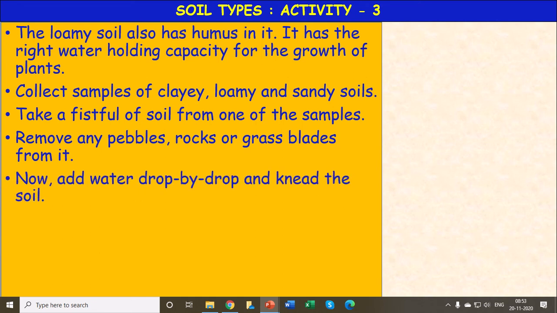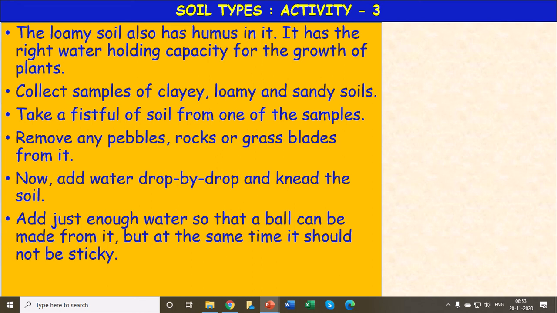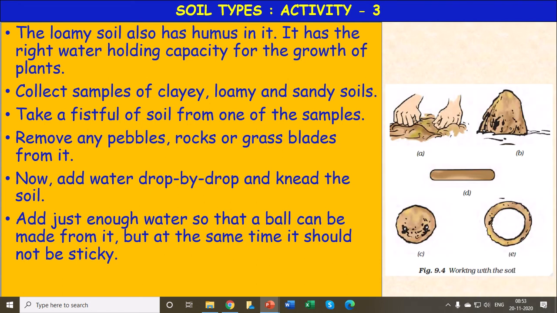Now add water drop by drop and knead the soil. Add just enough water so that a ball can be made from it, but it should not be sticky. That is why you add water drop by drop and make it into a small ball like this.